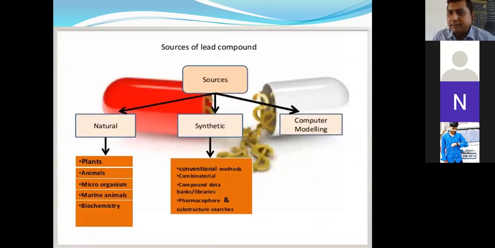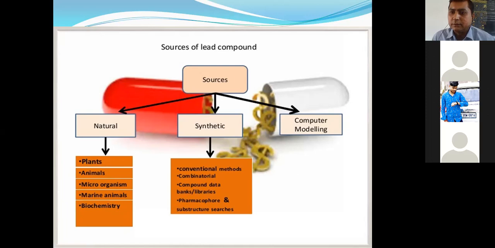Next slide that I'm sharing with you. When we are talking about the drug, a drug can be obtained either from a synthetic source or from a plant source. Previously, in village areas, plant roots, plant parts, and extracts were used for the treatment of any type of disorder and disease.